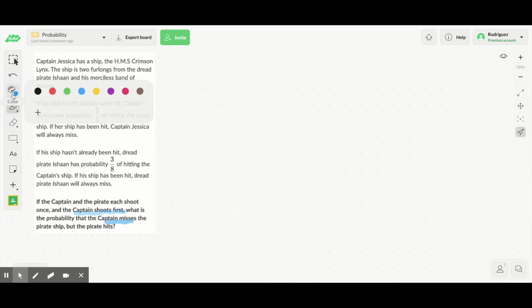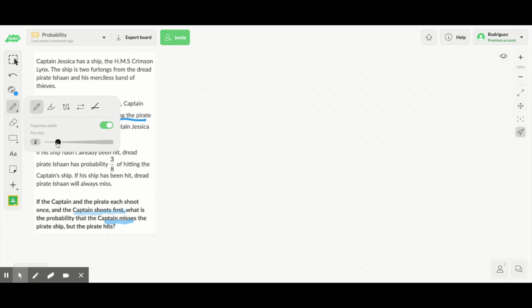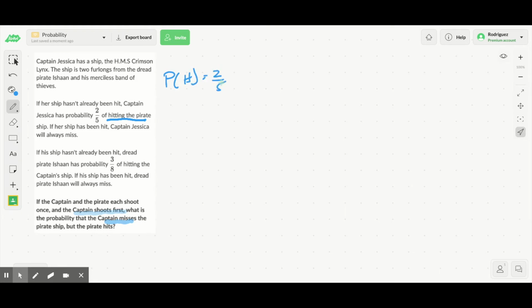Now, the information that we were given wasn't the probability of the captain missing, it's the probability of the captain hitting. So we need to understand that the probability of a hit for the captain is 2/5, but that implies that the probability of a miss for the captain is 3/5, because you can either hit the pirate ship or not hit the pirate ship, and there's no in between.